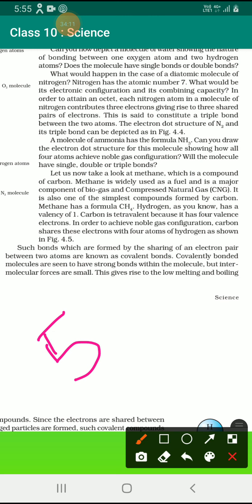In order to become an octet, it needs another 3 electrons. These 3 electrons will be taken from the hydrogen.